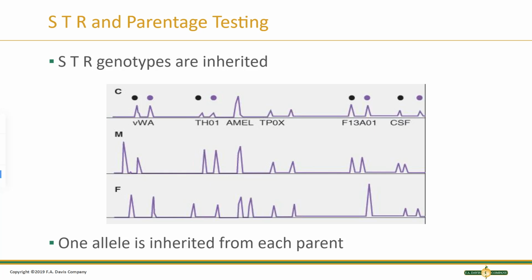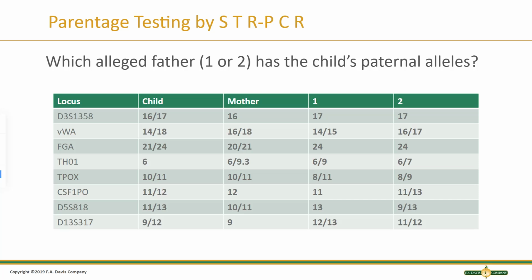STR genotypes are inherited. One allele is inherited from each parent. Which alleged father, 1 or 2, has the child's paternal alleles? So here's the child. The child is 16, 17.